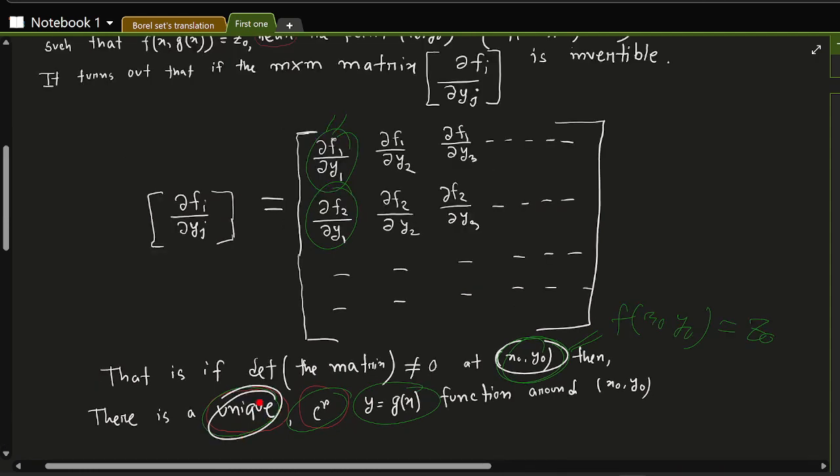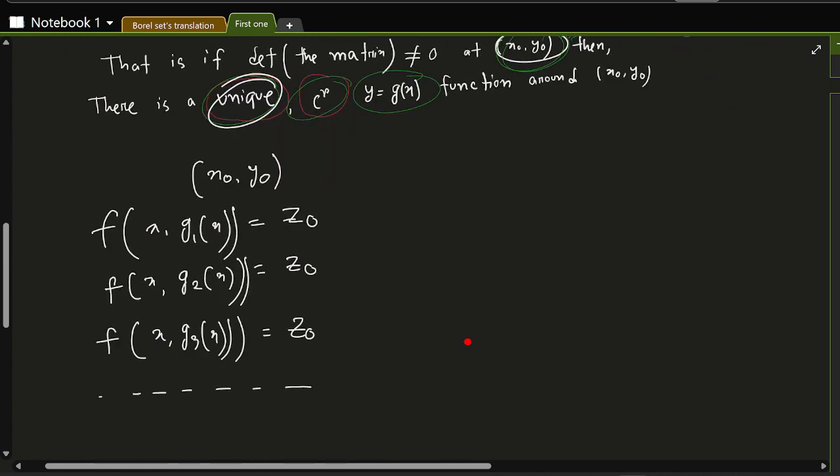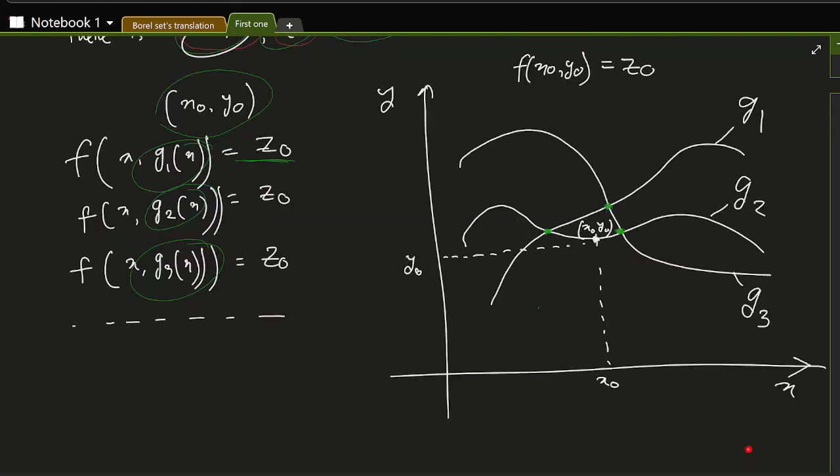Now we need to clarify a few things. Let's start with uniqueness. What do we mean when we say that a function g of x that goes through a point is unique? We assume that there are a few functions that satisfy our implicit function, and when we plot them, we might get different curves intersecting each other.